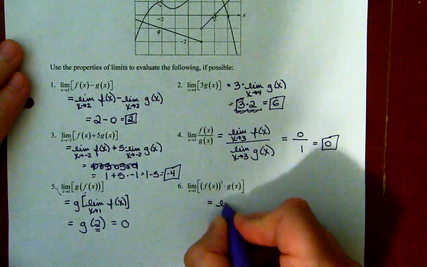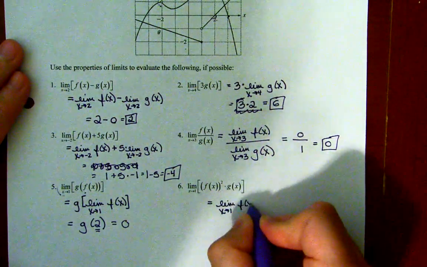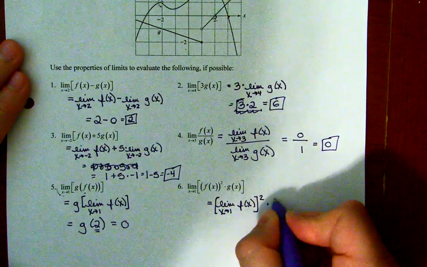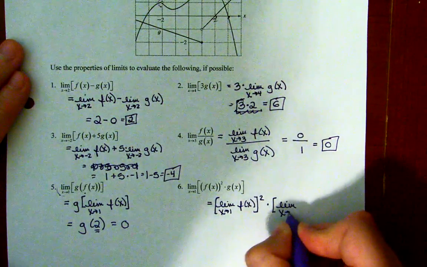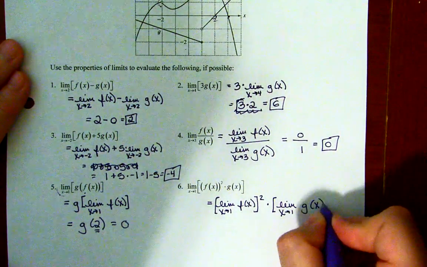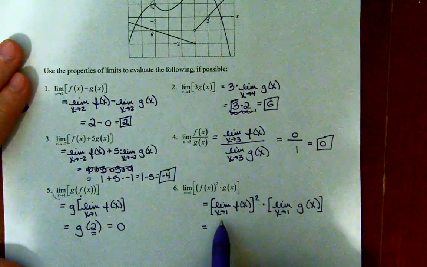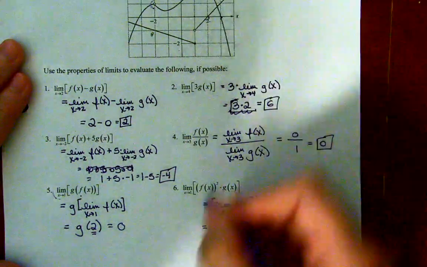Okay, I'm going to say the limit as x approaches 1 of f of x. I'm going to square that limit. I'm going to multiply that answer by the limit as x approaches 1 of g of x. Okay, limit as x approaches 1 of f of x. That looks like 2.